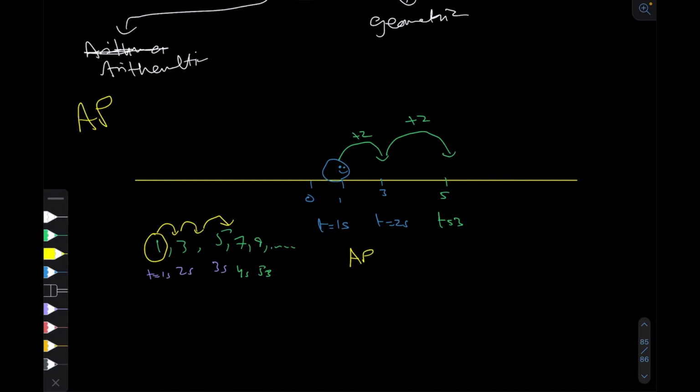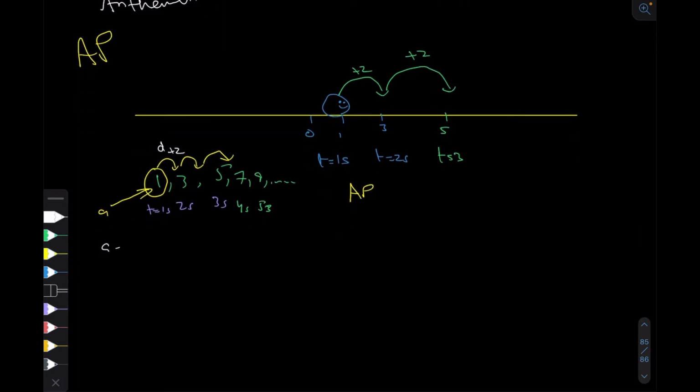A series, by the way, is just a bunch of numbers, really. So this is a series such that it's an arithmetic progression. You start with a number A. By convention, we call the starting number A, and the gap between two numbers, in short the jump that the frog is making, is what's called D. In this case it was plus 2, but in general this is D. So A is my first number or starting point, the first number in the series.